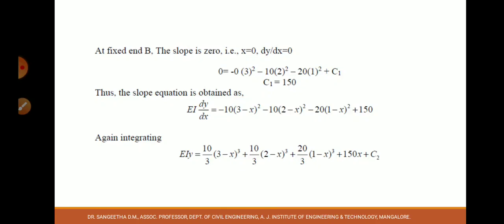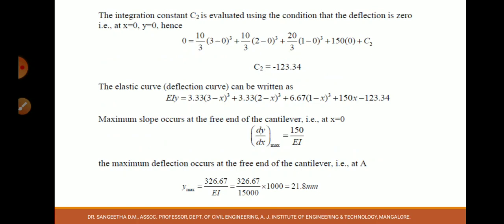Similarly for 20 into 1 minus x whole square. Minus of minus becomes plus. So you will end up with the equation. Again you have one more constant here. In order to evaluate the constant, we use the boundary condition at x is equal to 0, y is 0.